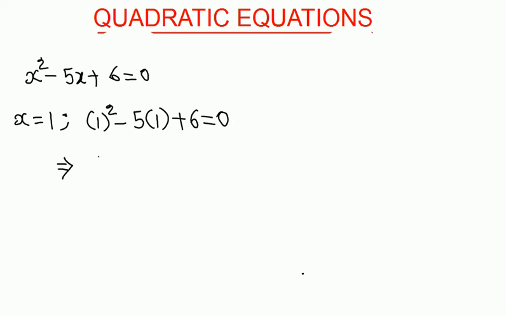That implies 1 minus 5 plus 6 is equal to 0. That implies 6 plus 1 is 7, 7 minus 5 is 2. So 2 is equal to 0. Here this is not balanced.